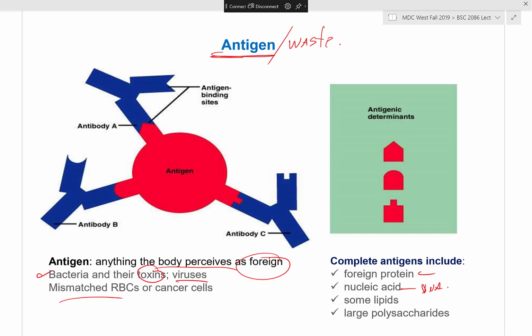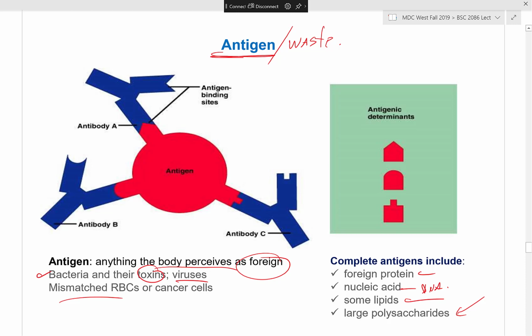Hopefully, yes. Everything has a genetic code, right? Viruses have a genetic code. So nucleic acids. Lipids. Do you have lipids embedded in your cell membrane? So bacteria will also have some lipids as well. Large polysaccharides, and these are actually part of the capsular structure of the bacteria. So these things are also known as antigens.